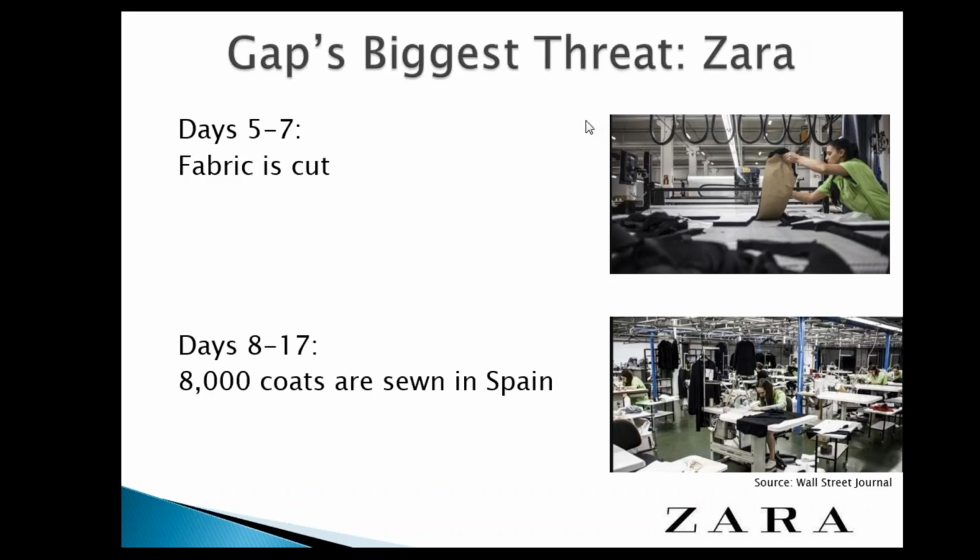Then in a matter of a week, because their factory is all in Spain, they are able to sew 8,000 coats in a week, just like that, because that's their priority now. And so within 17 days, they have created their inventory.